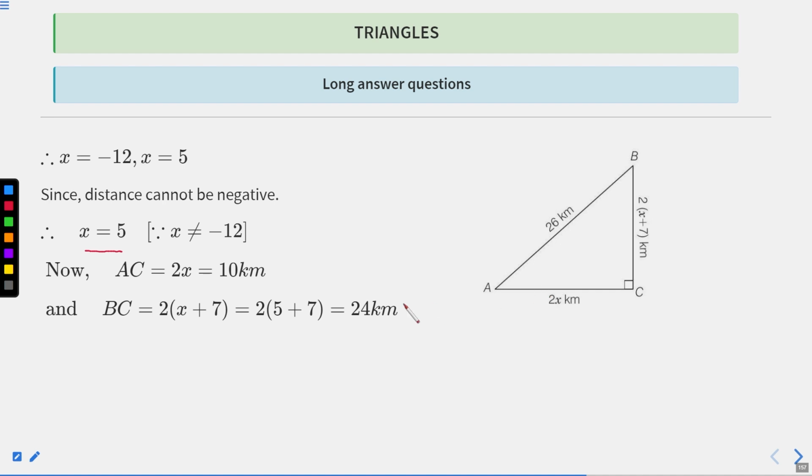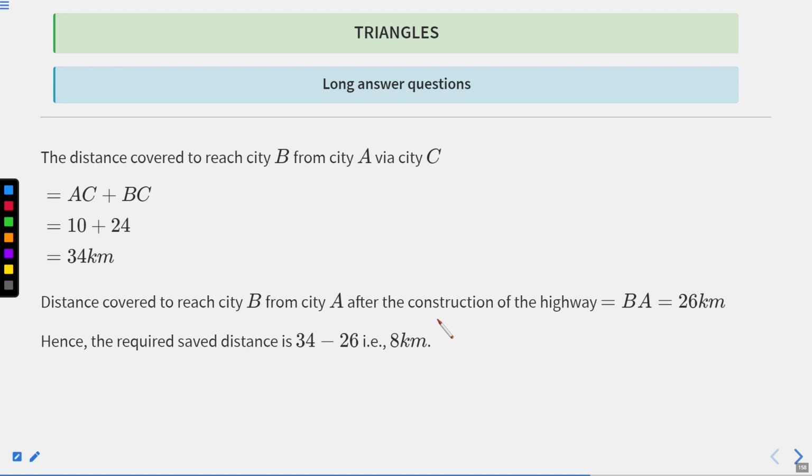So now the distance AC is 2 into x, that is 10 kilometer, and the distance BC is equal to 2 into (x plus 7), that is equal to 2 into (5 plus 7), that is equal to 24 kilometer. Okay, so this distance AC is 10 kilometer, this distance BC is 24 kilometer. So the distance covered to reach city B from city A via city C is equal to AC plus BC, that is equal to 10 plus 24, that is equal to 34 kilometer.